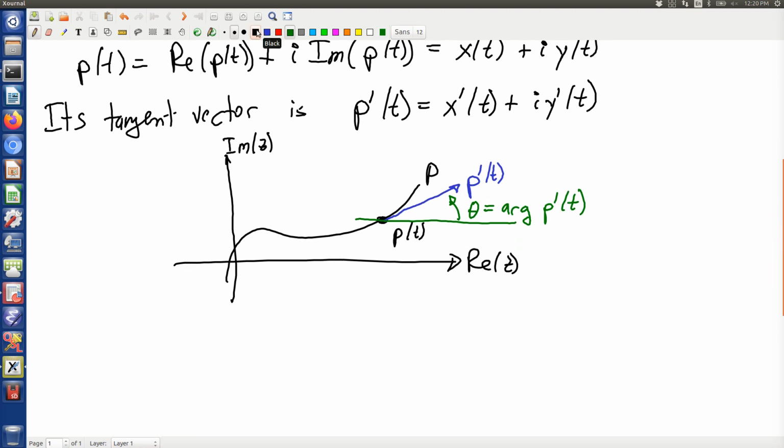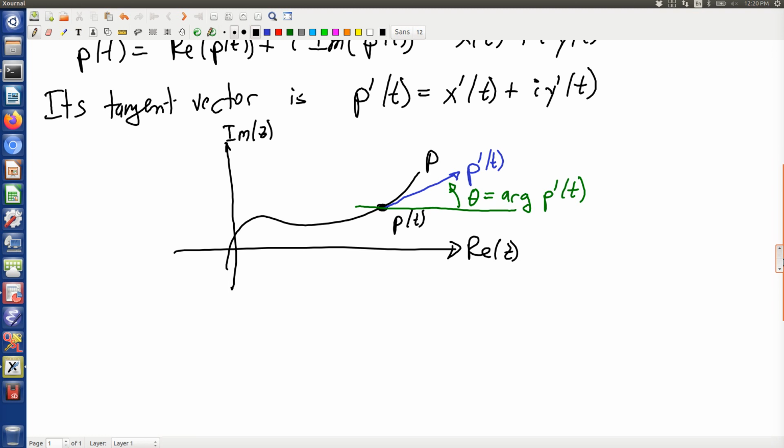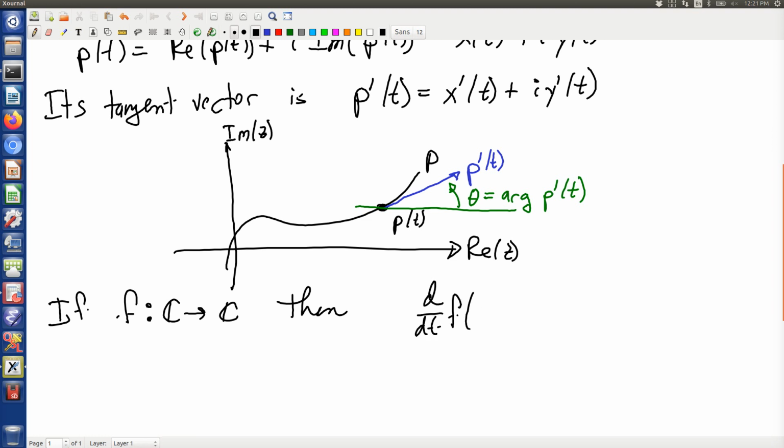Now, if you watched the video on conformal mappings, you'd know that we learned how to transform angles and tangent vectors using the function f. So if f is a complex function, then if I want to know d by dt of f of p of t, the chain rule will have us do f prime at p of t times p prime of t.